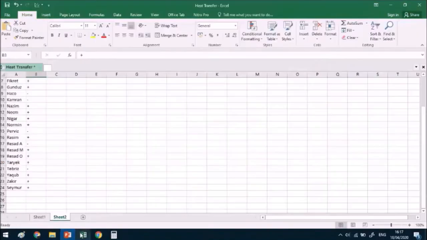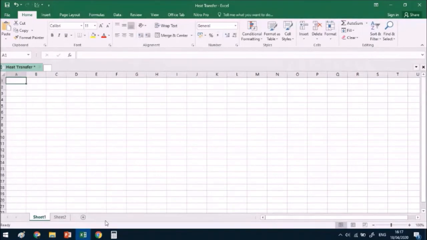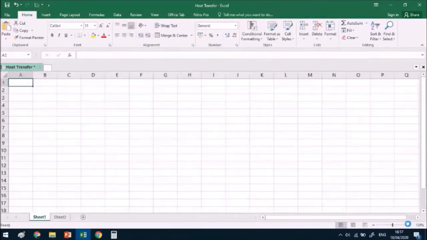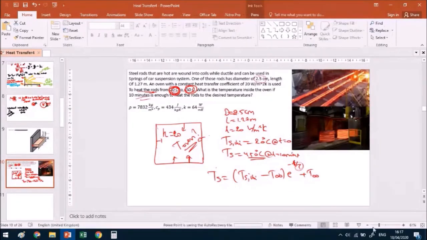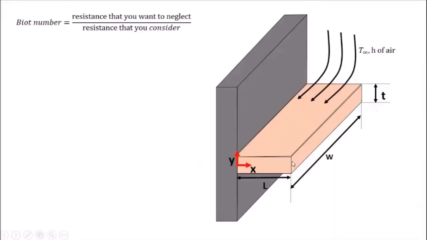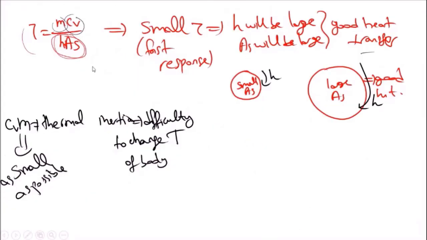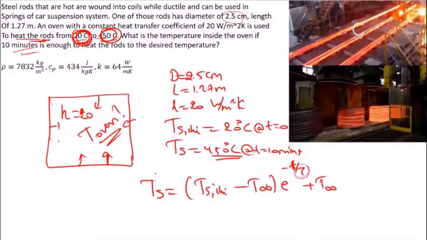So let's solve the problem. We'll use Excel to solve it. I will first start with tau. What is tau? Tau is m Cv by h As. So tau will be m Cv by h into As. m is rho into V. What is rho?